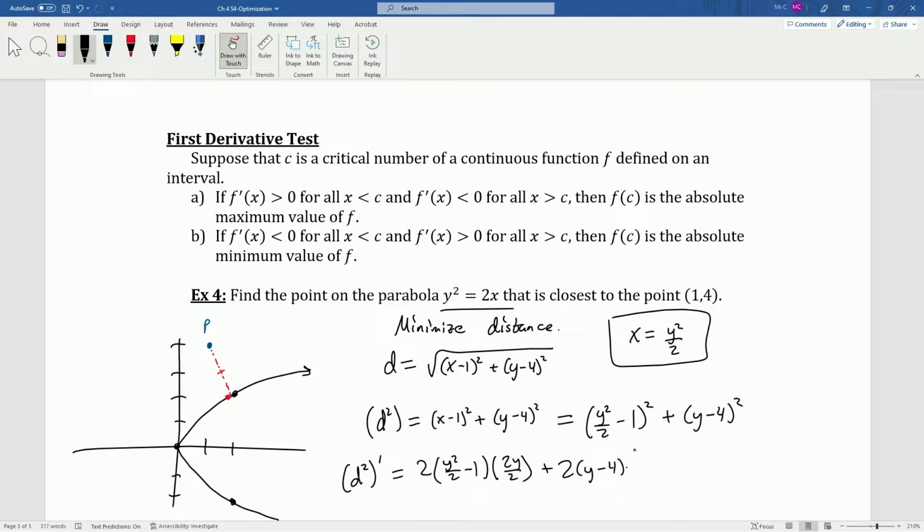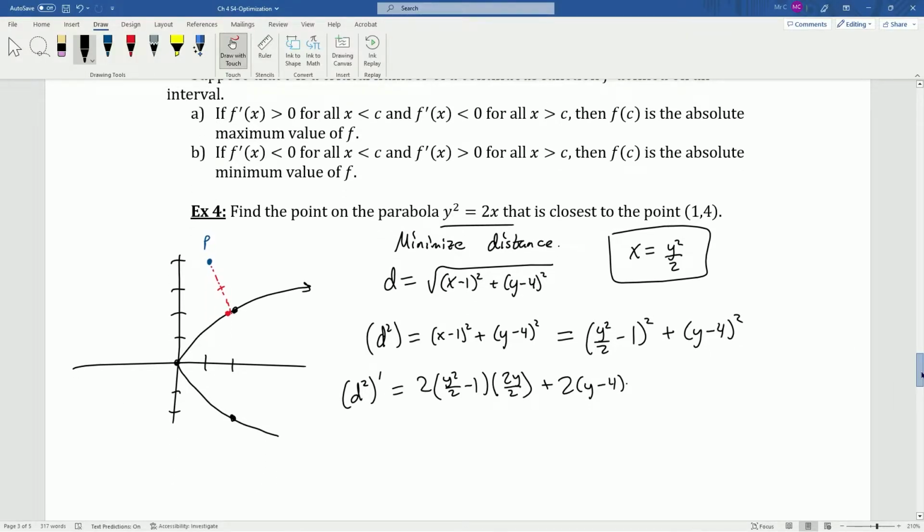Now remember, this derivative is with respect to y here, so it's just 1. All right. Now we gotta do a little bit of cleanup here, a little multiplication. So distribute this 2 here, and we get y squared minus 2 times 2y over 2, which is just y, plus 2y minus 8.